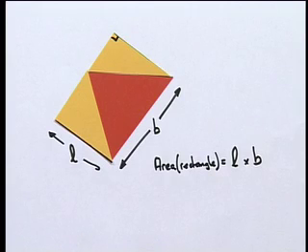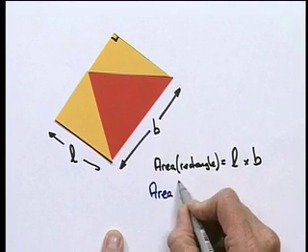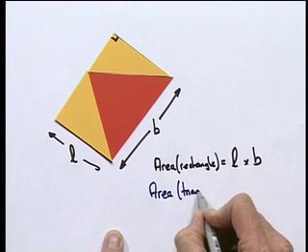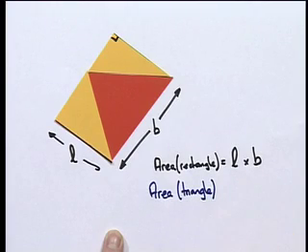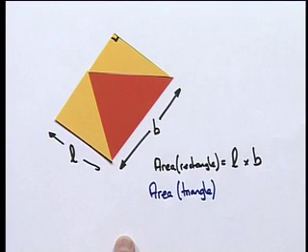But remember, I'm interested in the area of the triangle. Now, the area of the triangle is exactly 1/2 of the area of that rectangle.